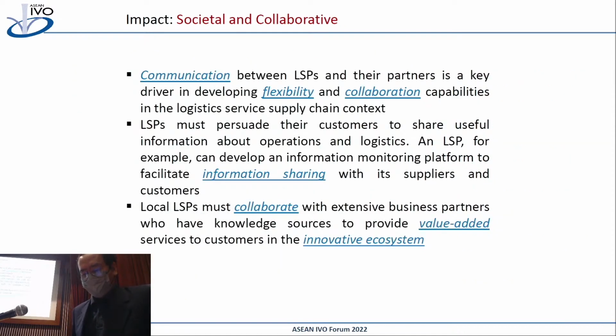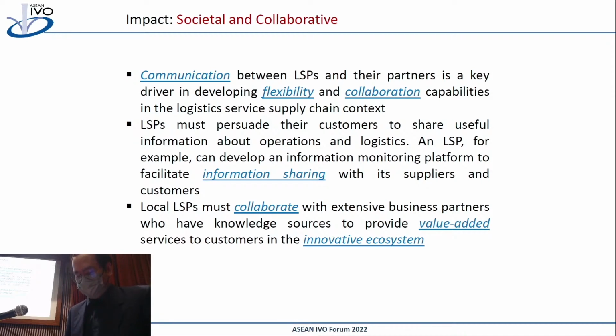Moreover, for the societal and collaborative impact of this project, first, communication between LSPs and their partners is a key driver in developing flexibility and collaboration capability in the logistics service supply chain context.